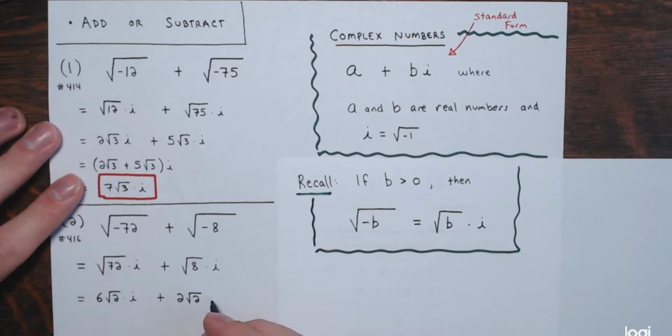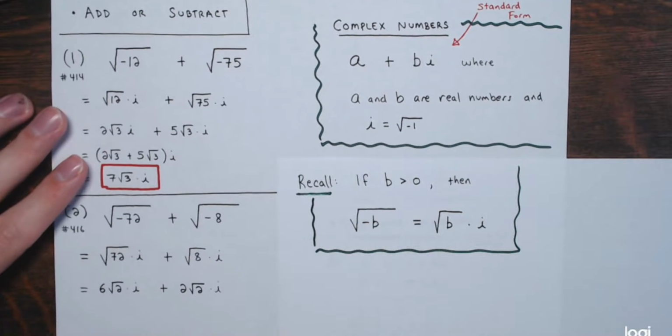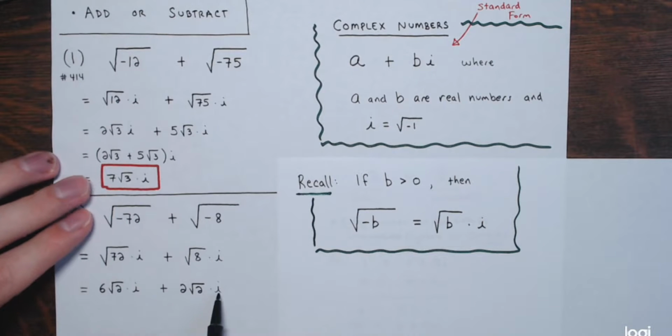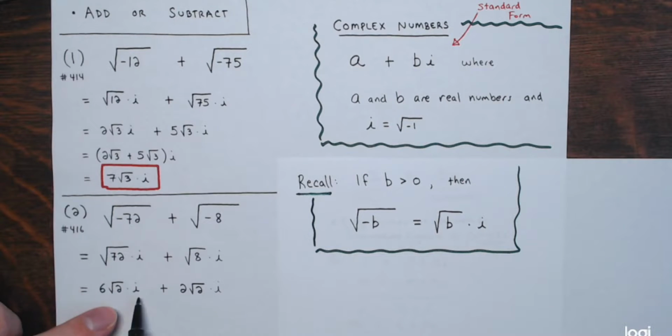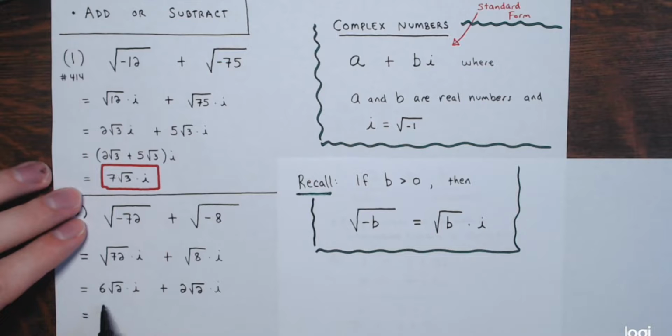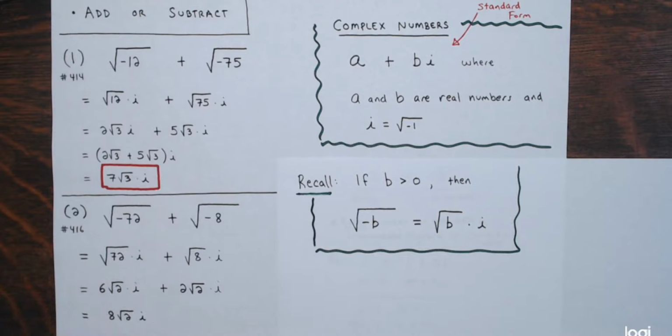And then don't forget the times i. And now comes the addition part. Just combine like terms. Both of these have i in common, so I can combine their coefficients. 6 root 2 plus 2 root 2 is 8 times the square root of 2, and then don't forget the times i. I would have done what I did up here, factored out the i, and then just combined the coefficients.